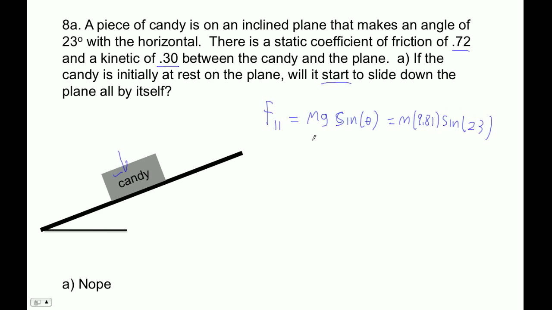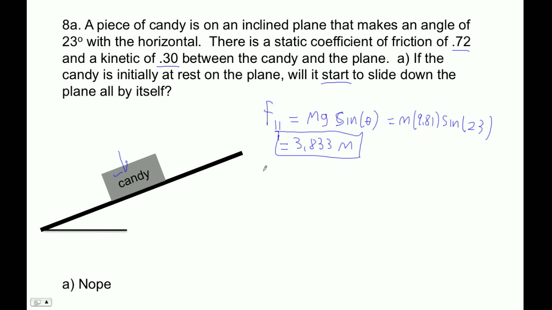Okay, so let's do that. 9.81 sine of 23. And I get 3.833 m. And that's all we can do, right? We can just leave it in terms of m. There it is, right? Okay.